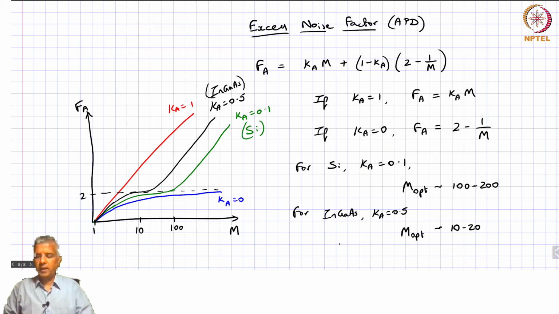Okay. There are some specific conditions under which you could possibly push this slightly, like cooling the diode. I will tell you a little later as to why that makes sense, but you could possibly improve the optimum value for indium gallium arsenide to maybe 30 or 40 by cooling the diode. Okay. We'll come back to that later.